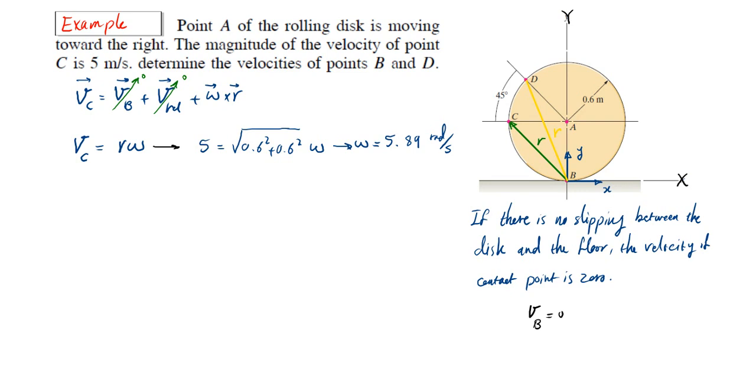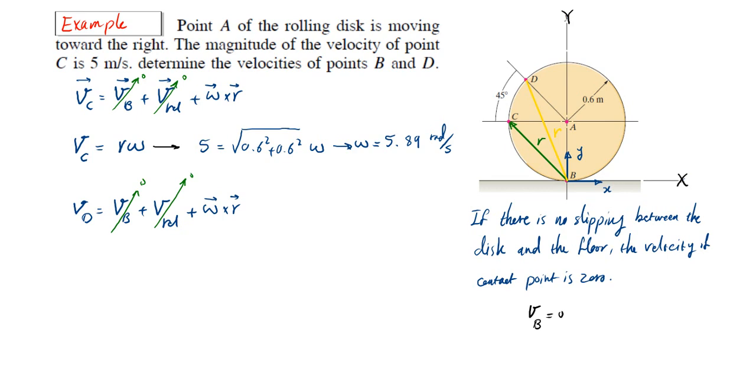Now let's write the equation for point D. VD is equal to VB plus V relative plus omega cross R. Same story, VB is still 0. There is no V relative because both are attached to the same rigid body, the frame and the point we're studying.